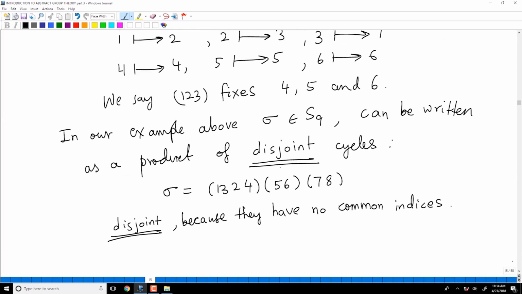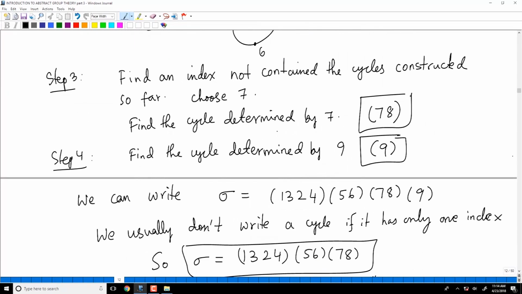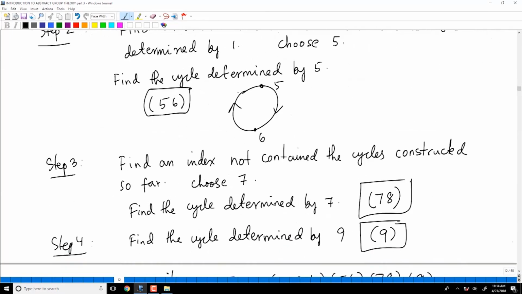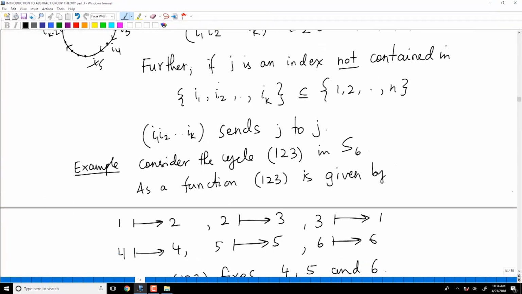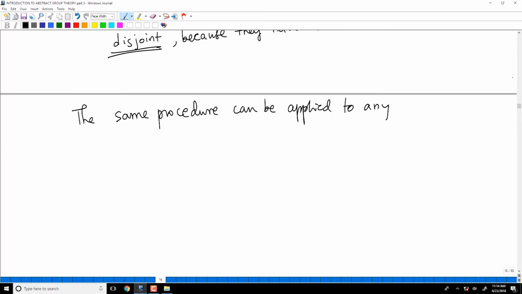Now, if you think about the procedure of how we did this for this particular sigma, hopefully it will be clear to you that we can do this for any sigma. The same procedure that we used for sigma in S9, the same procedure can be applied to any element sigma in any symmetric group.